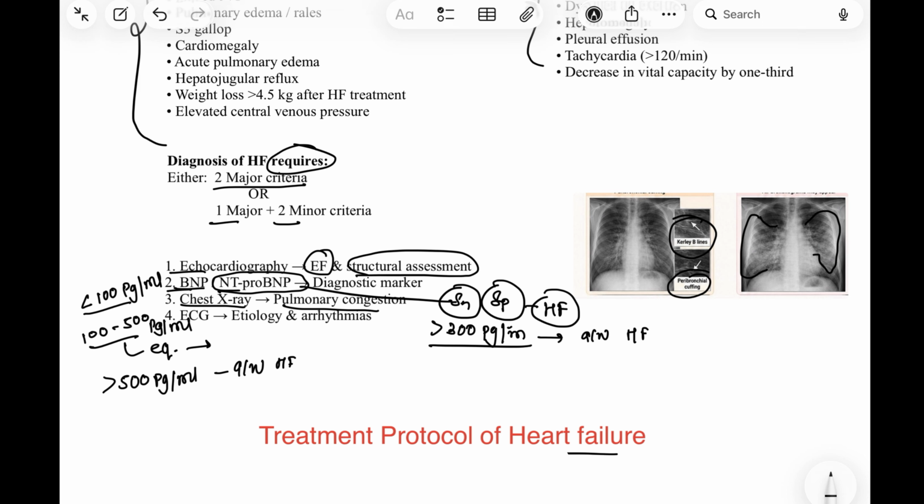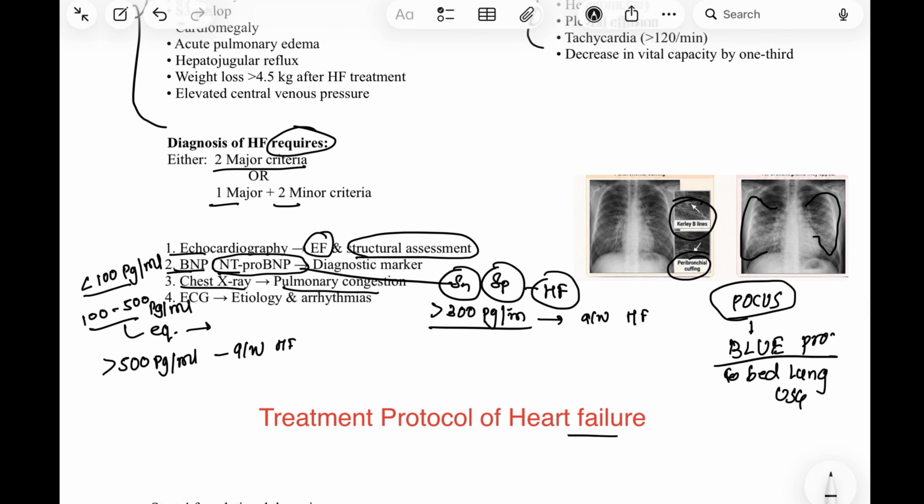There is one more investigation that we can do for pulmonary edema, and it is POCUS, which includes the BLUE protocol for bedside lung ultrasound. We will study this in our upcoming sessions, but as of now, you must remember that there is an investigation like POCUS ultrasound that we can do bedside, and it is called the BLUE protocol.